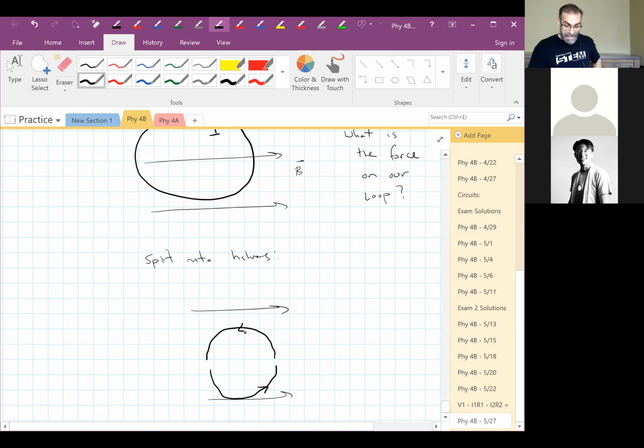And we already said that we can replace this curved line with the same current in the straight line path between these two points. So we can replace that with this one.